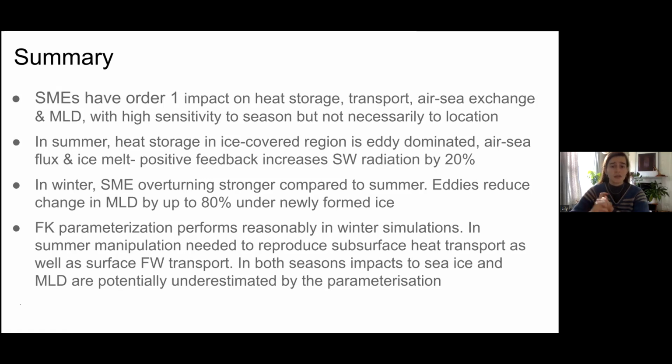In summer, the main impacts were increasing shortwave radiation and inducing a kind of positive feedback between ice melt and shortwave radiation. And in winter, eddies could reduce the mixed layer depth by up to 80%. And then this Fox-Kemper parameterization performs reasonably in winter, whereas in summer, more manipulation was needed to reproduce the subsurface heat transport.